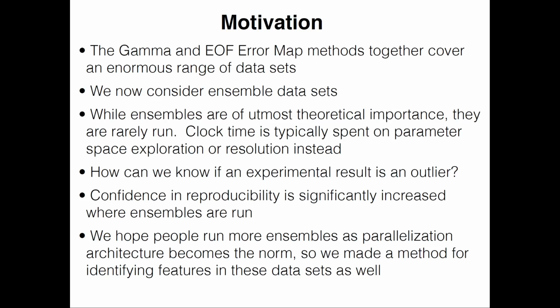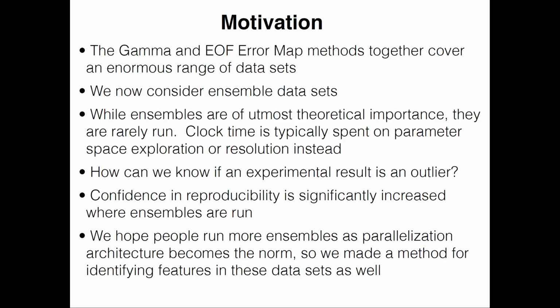So let's say that you run one incredibly high resolution simulation at your given parameter set, and you get some crazy result, right? How do you know that result isn't a 1 in 1,000 or 1 in 10,000 or 1 in 100,000 event?